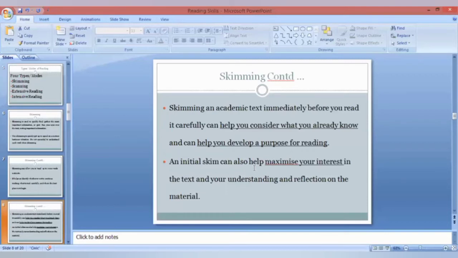If it is interesting, you keep on reading it. If it is not interesting, you don't read it any further. It also helps you in understanding and reflecting on the material. You try to understand what you are reading, and you think over whether it is relevant to you or not.